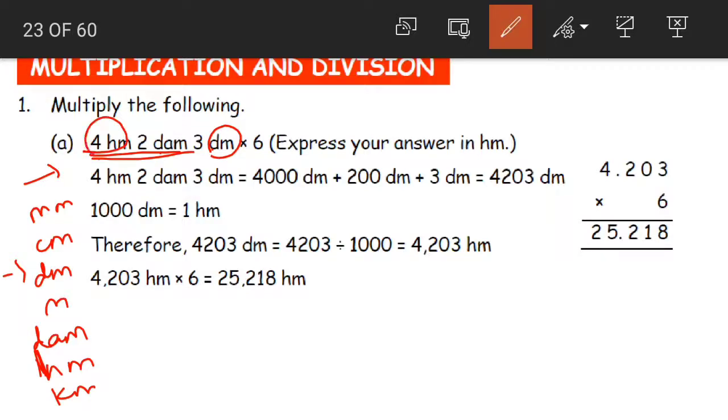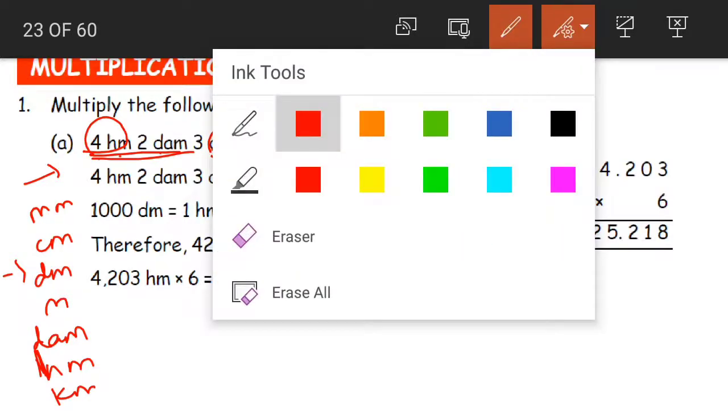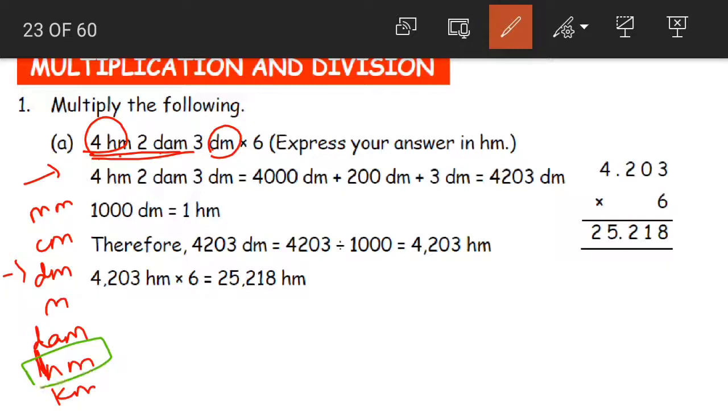Now the first one is 4 hectometers. We have to convert it into decimeters. A higher unit is being converted into a lower unit of measurement. If you remember, what do we do to convert a higher unit into a lower unit? We'll multiply. 4 hectometers is to be multiplied by something. By what should it be multiplied?